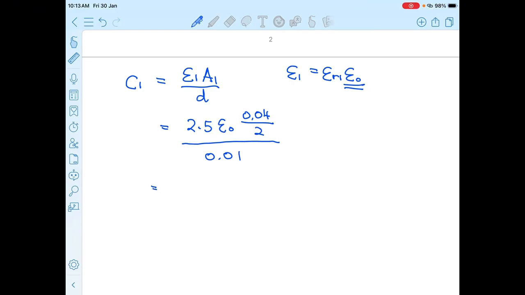So you can start calculating these things. It's 2.5.